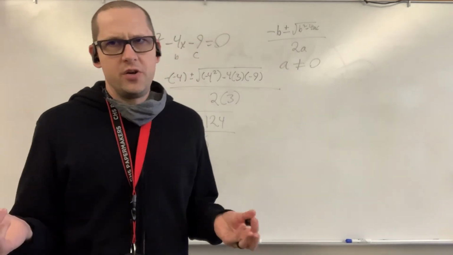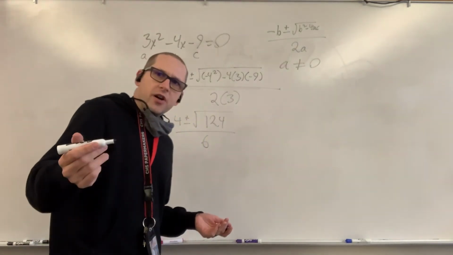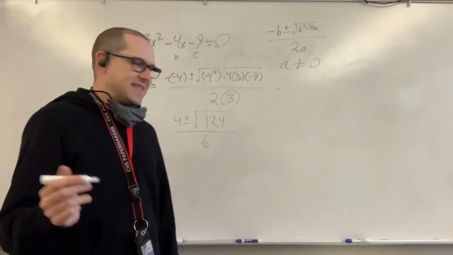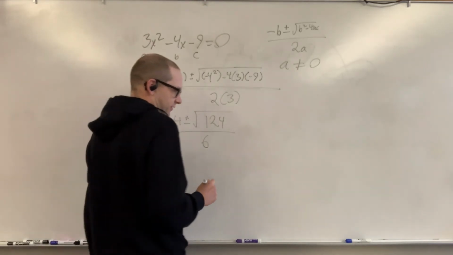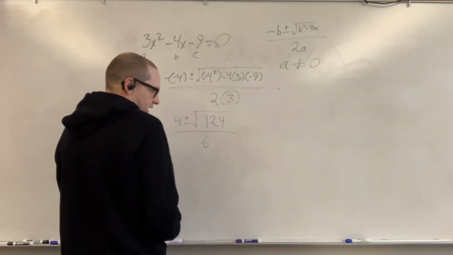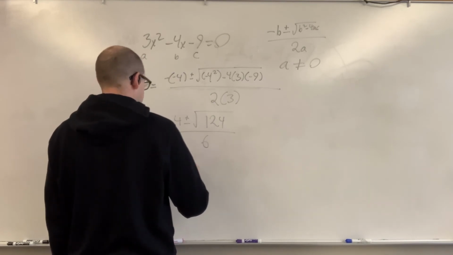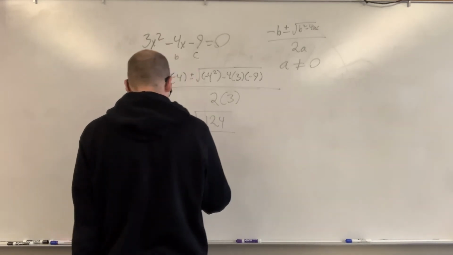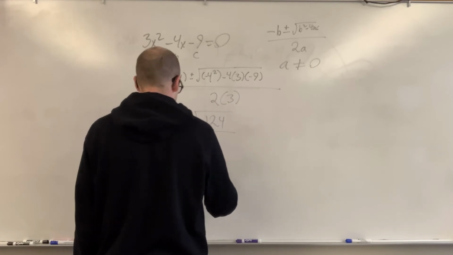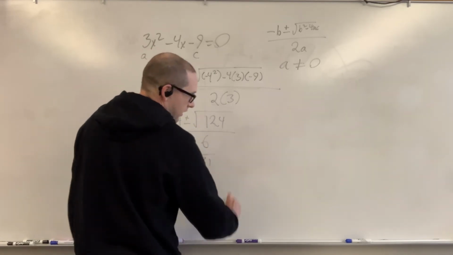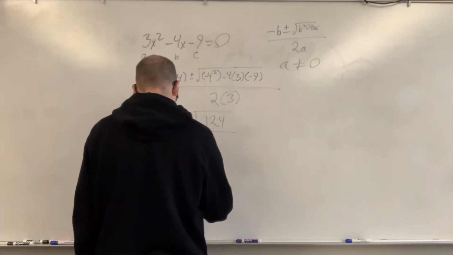The answer is no, there isn't. So you're going to do all your factor trees, and you're going to simplify the square root of 124, and you're going to end up with 4 plus and minus 2 times the square root of 31 all over 6.